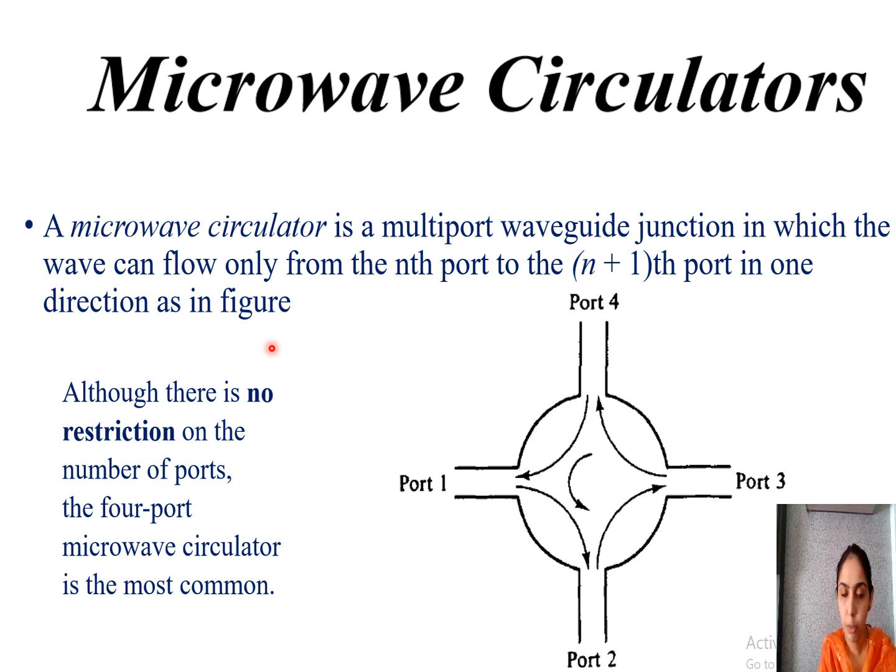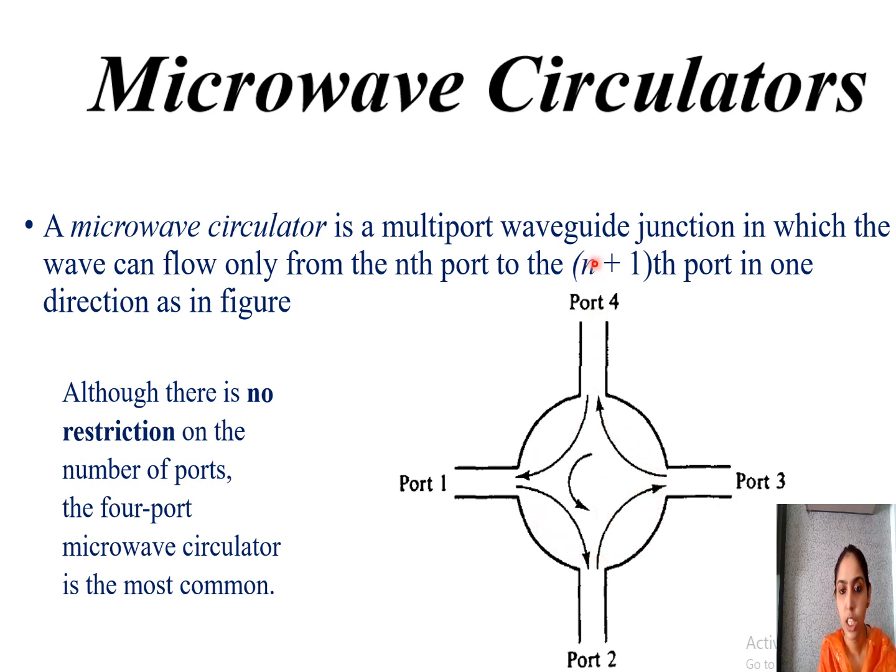So how many ports do we have? The wave can only travel from the nth port to the n plus 1th port. Here the example is shown for a 4-port circulator. We have 4 ports and the arrow direction shows that the wave propagates in the anti-clockwise direction.